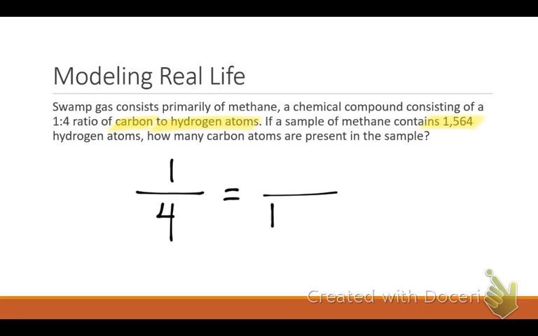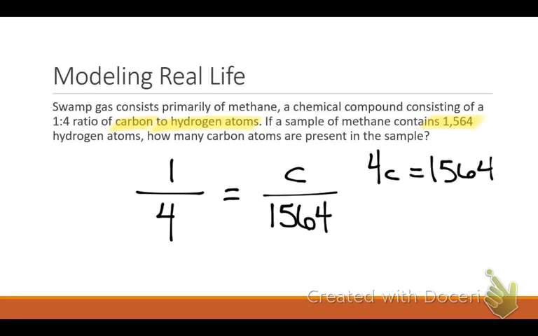The denominator. And then the numerator is maybe C for carbon or X. 4C equals 1564. What do I do to both sides? Divide by 4. 1564 divided by 4, so carbon is 391.